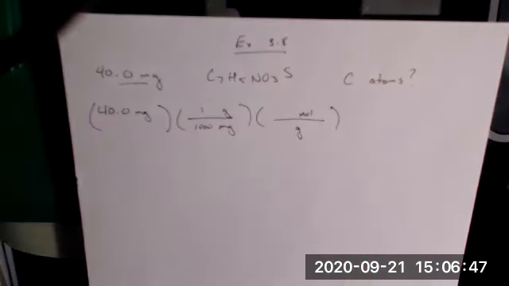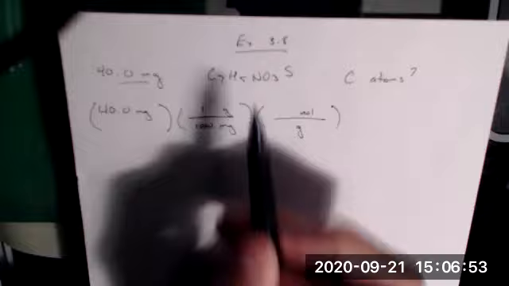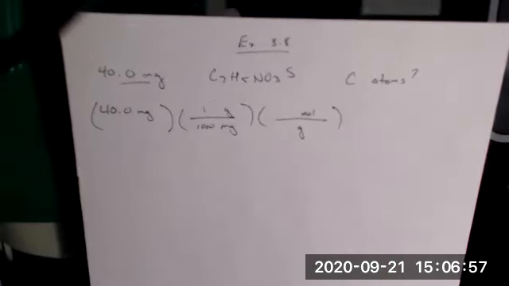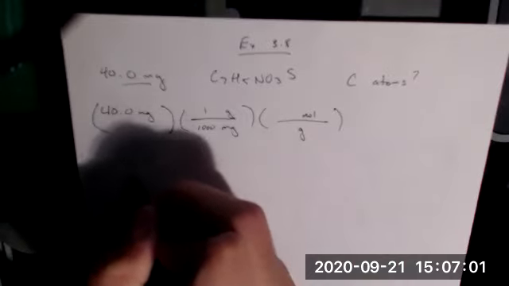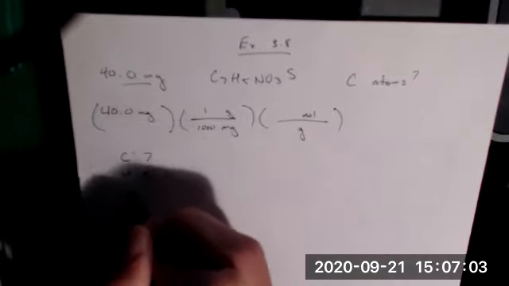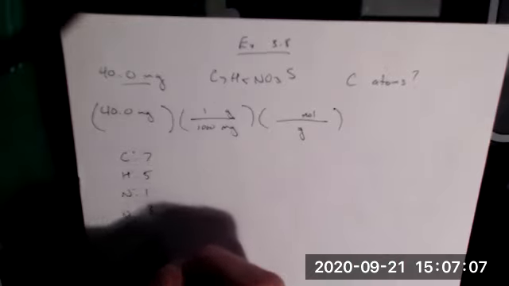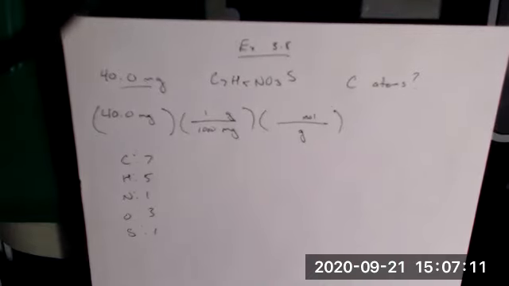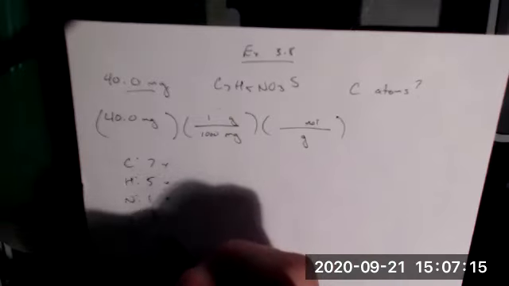But I don't have an atomic mass straight from the periodic table. This is a big problem because I need to calculate the formula mass for saccharin. So I take my carbon, 7, my hydrogen, 5, my nitrogen, 1, my oxygen, 3, my sulfur, 1, and I multiply them by their respective atomic masses to get the overall formula mass.